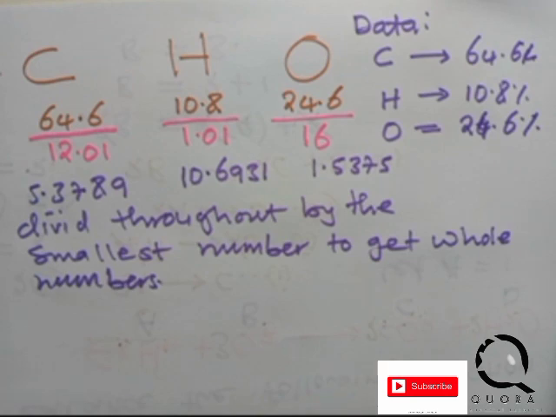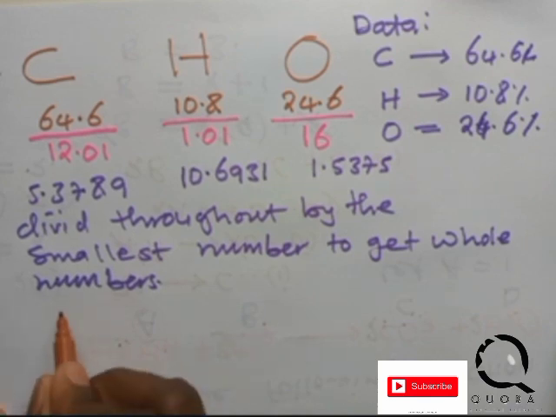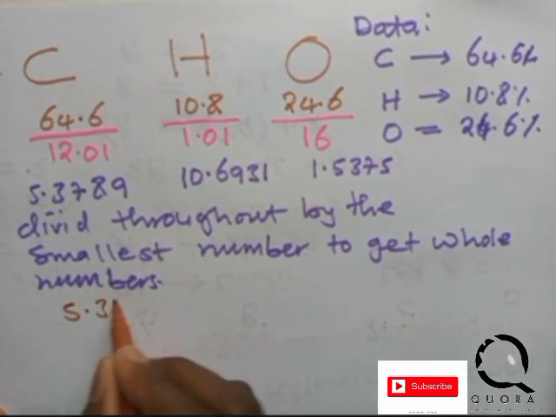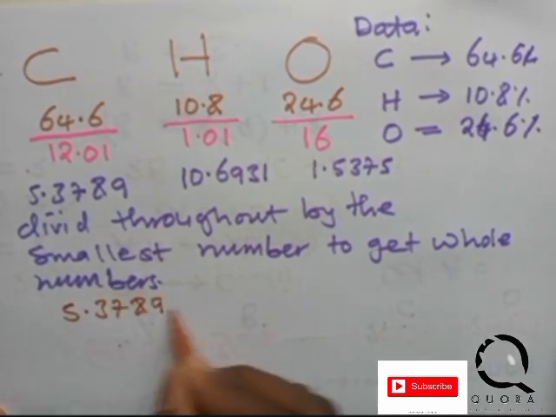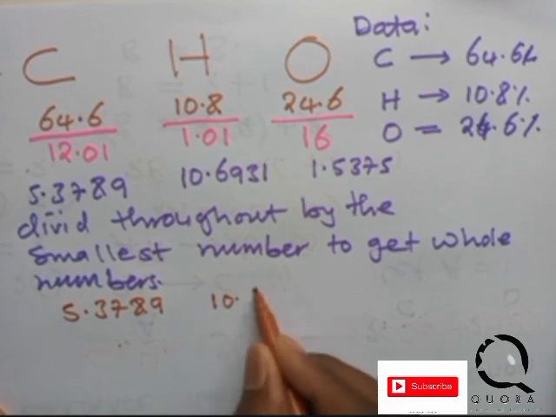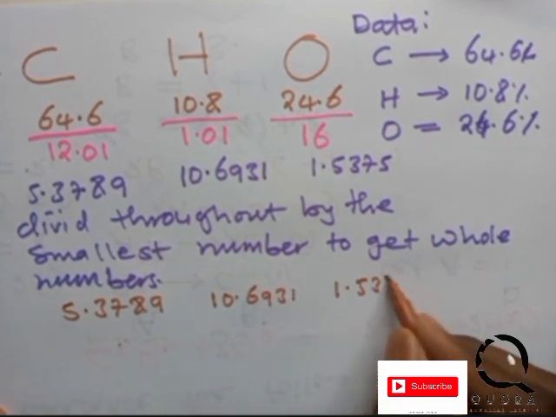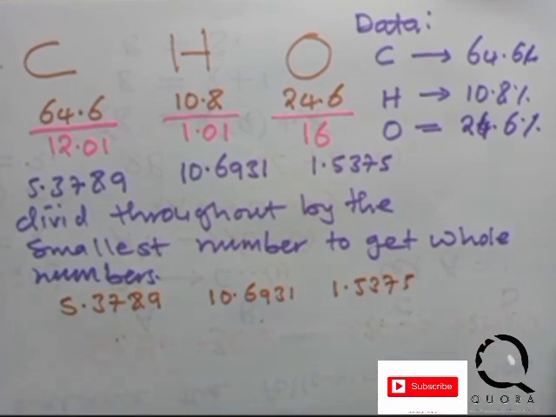Okay, which one is my smallest number here? I think basically oxygen is carrying the smallest number. So I'll write this one on top: 5.3789, 10.6931, 1.5375. I'll divide throughout by the smallest number.